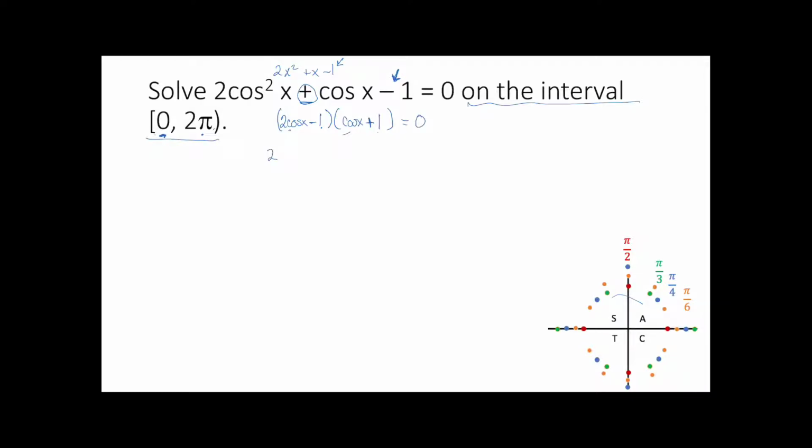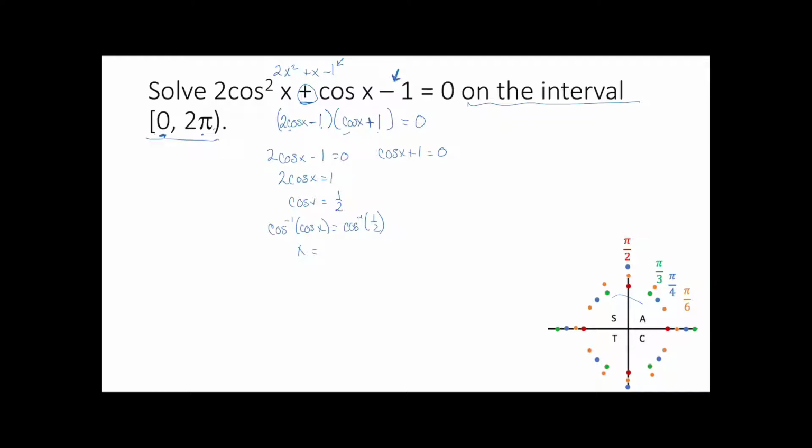We set each of these factors equal to 0. And then we solve this. So we have to add 1 to both sides, divide by 2, and take the inverse cosine of both sides. So x is going to be whatever values, whatever angle measures make the cosine a positive 1/2.